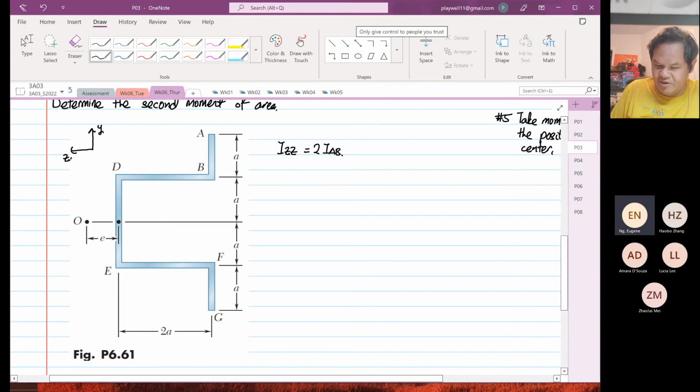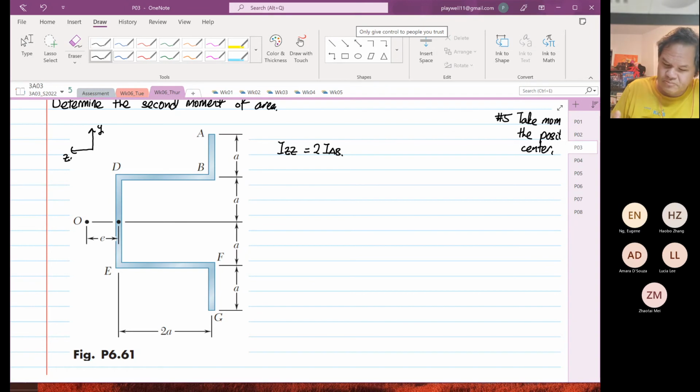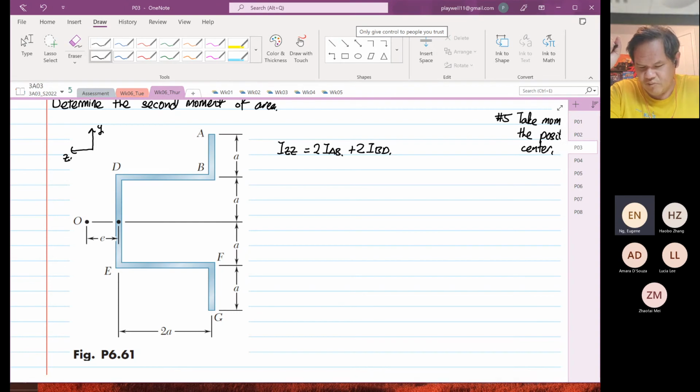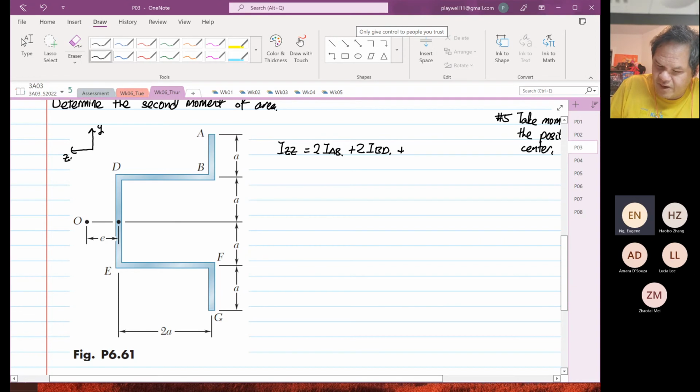Because AB is equal to FG in terms of second moment of area. Then we're going to plus twice IBD. Again, the twice is because the second moment of area of BD is also the second moment of EF. And then we're going to plus IEE.